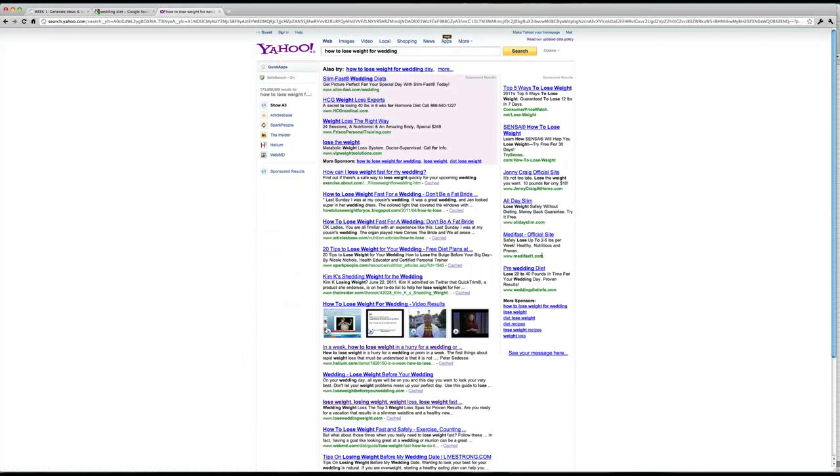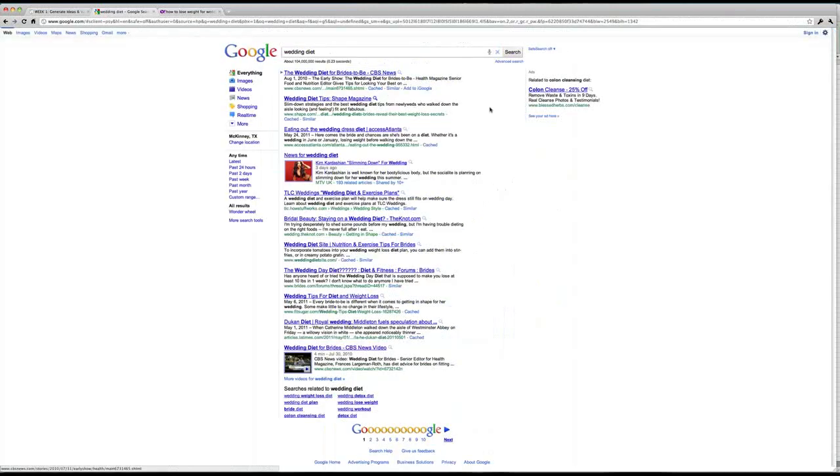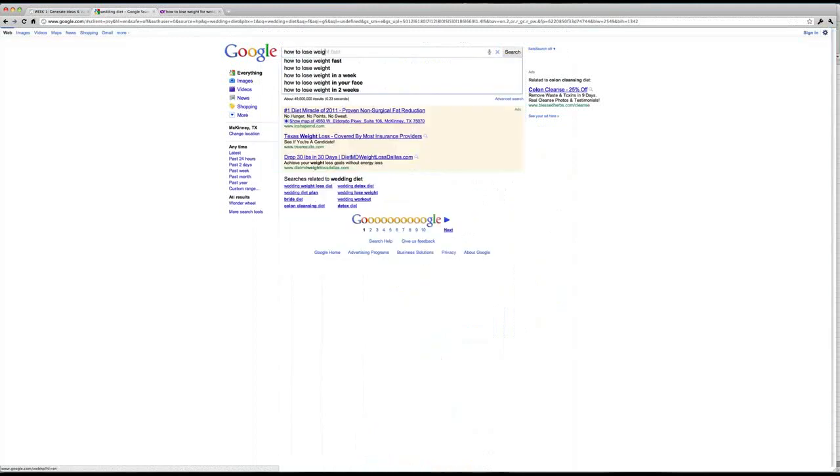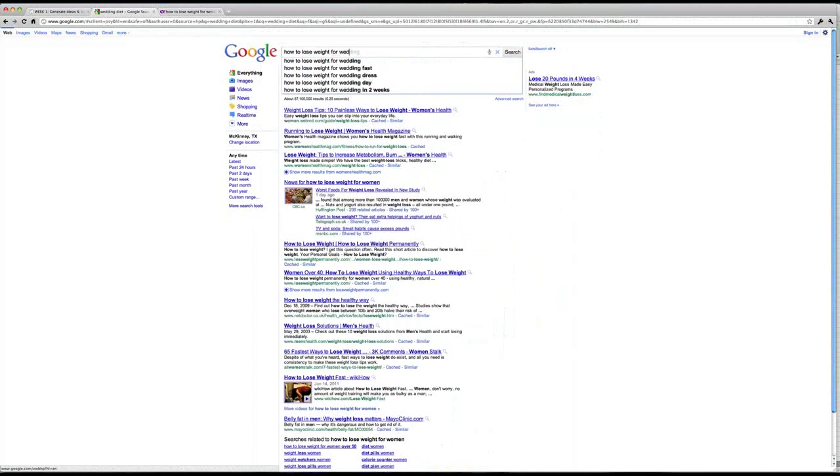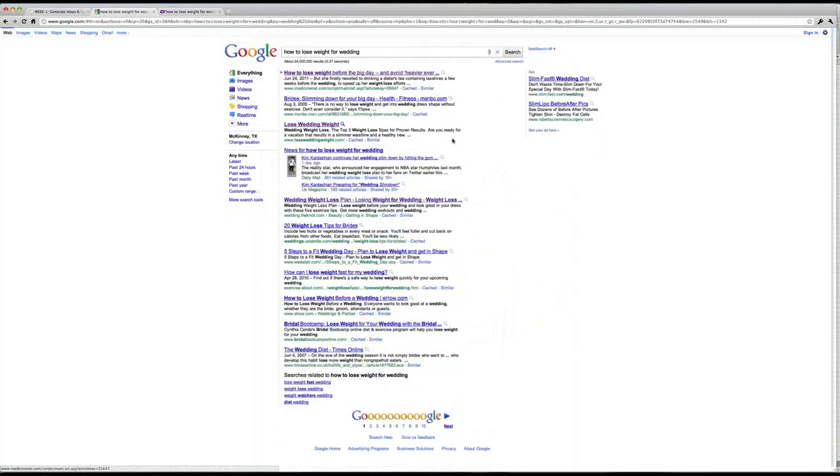Okay, and let me show you another test that you can do on Google if you get something like this where it doesn't show up. Let's do how to lose weight for wedding. All right, and you say, oh, well, there's not much advertising there. There's some, but not a lot. One of the things you can do is start looking at some of the sites in the niche.